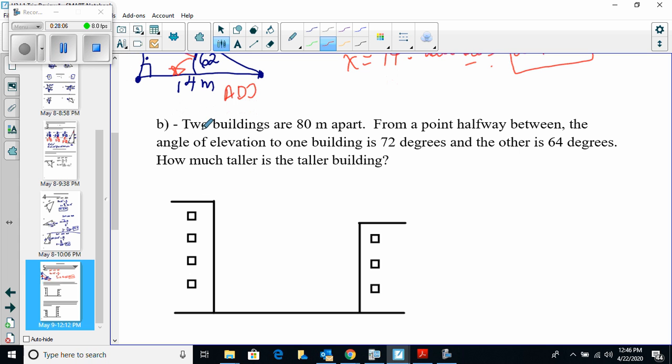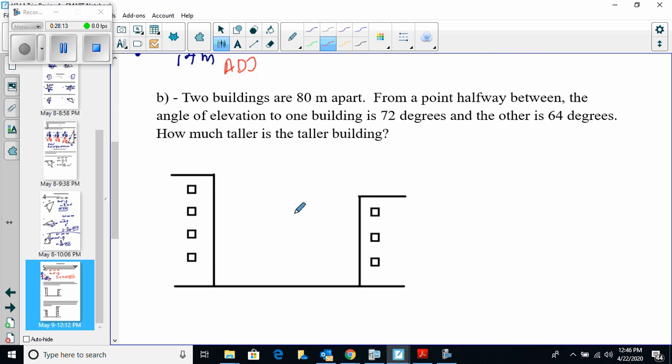Now we have two buildings that are 80 meters apart. So we have started the picture here. We'll just add the information on the picture as we are reading the question.